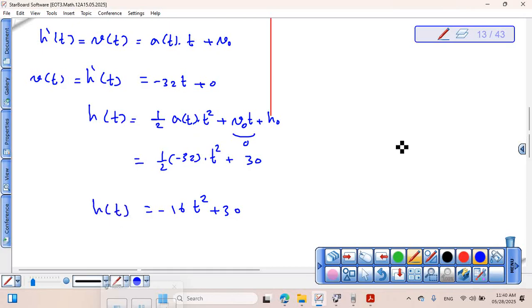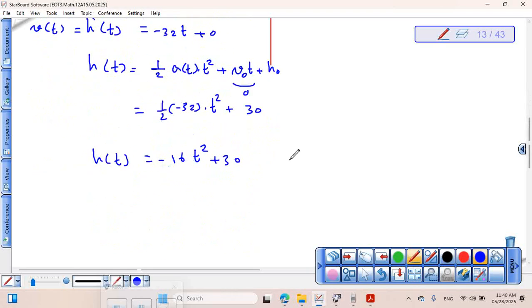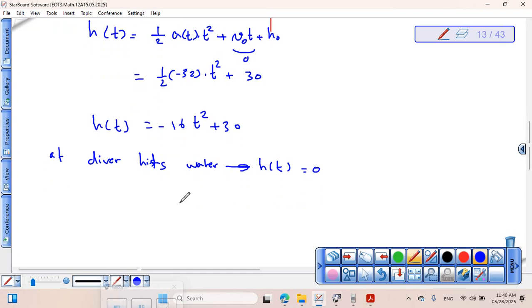But when the diver hits the water, the height equals 0, right? Then h at that time equals 0. You can solve the equation negative 16 t squared plus 30 equals 0.